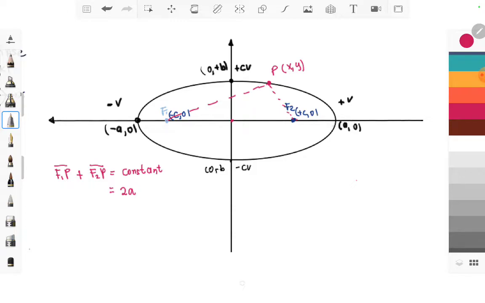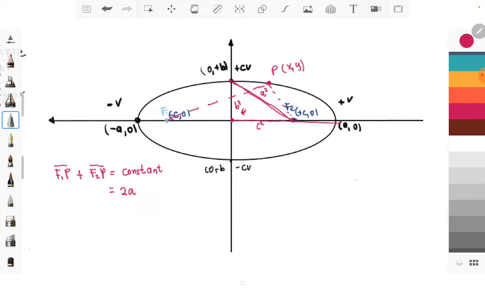The distance from the center to our vertex. And also, by the Pythagorean theorem, a square is equal to b square plus c square, where a is the hypotenuse. Okay, that is our a.